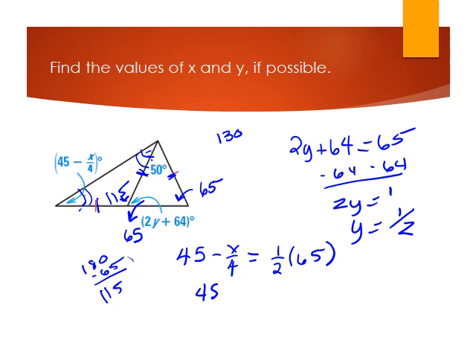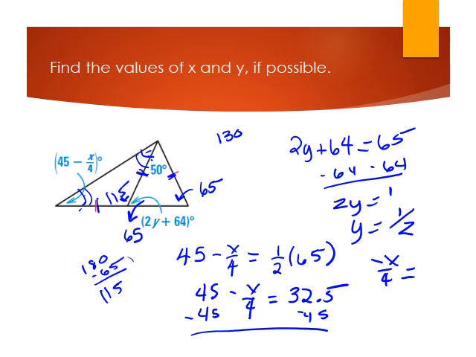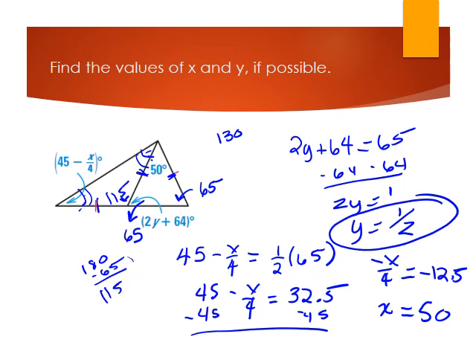So I get 45 minus x over 4 equals 32.5. If I subtract 45 from both sides, I'm going to get negative x over 4 equals negative 12.5. And then if I multiply both sides by negative 4, x will be 50 degrees. So I've got y equal to 1/2 and x equal to 50.